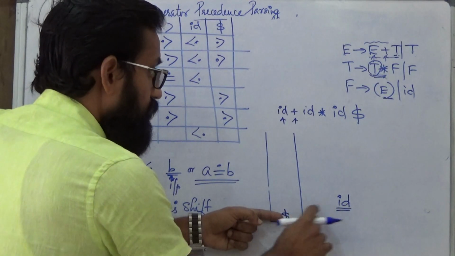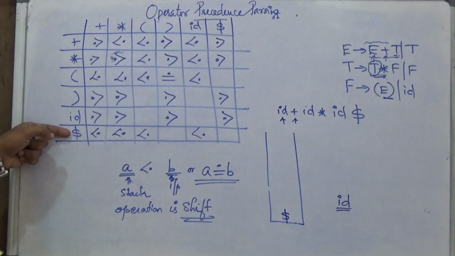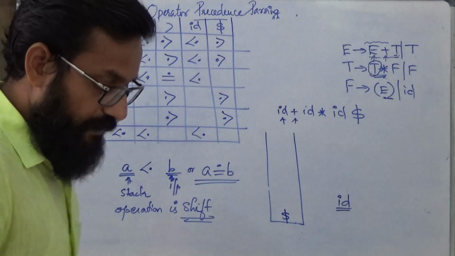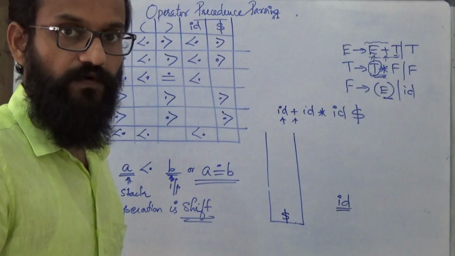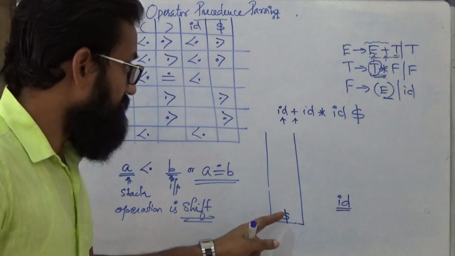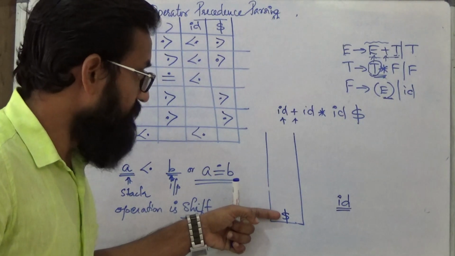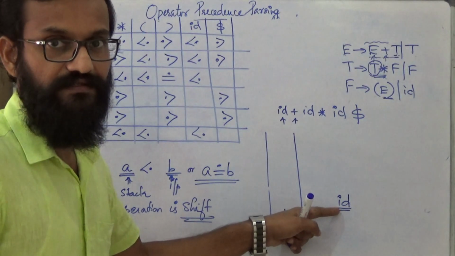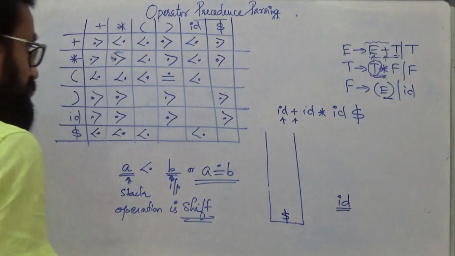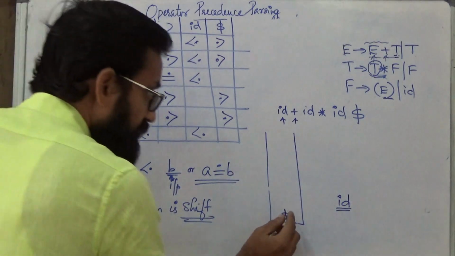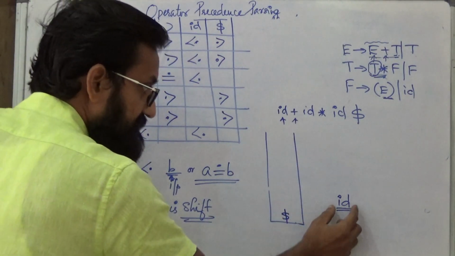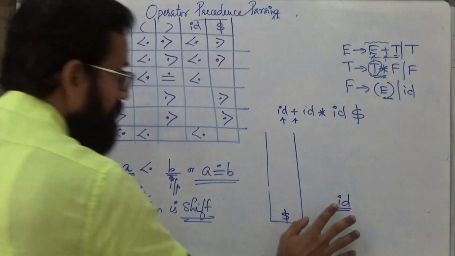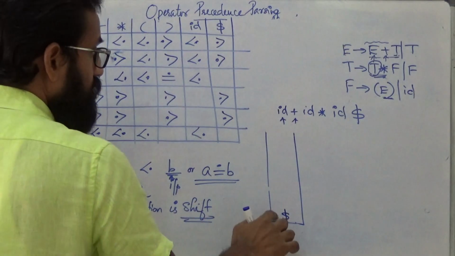So what about dollar ID? Dollar is related with lesser precedence. So you have to repeatedly perform the pop operation until the current top has lesser precedence as compared to the recently popped element. Dollar has lesser precedence as compared to ID, so the reduction will stop there.